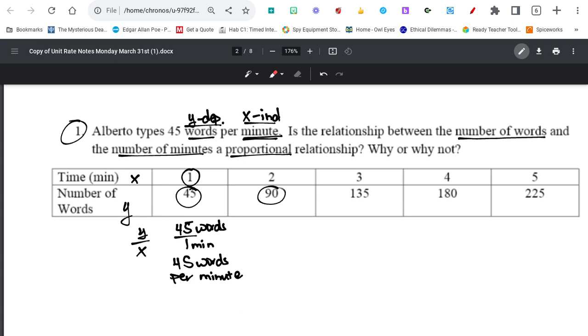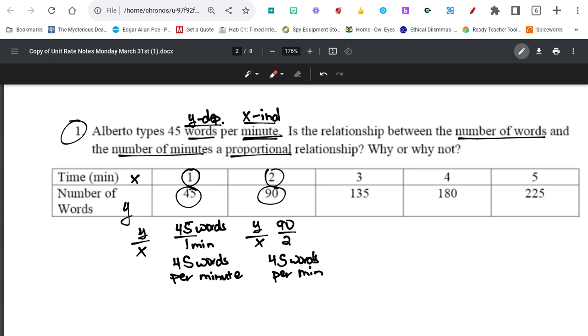So the second y is 90, and the corresponding x for it is 2. Well, if you take 90 and divide it by 2, and you can use your calculator to check along with me, I'm going to pull mine up and work it because that way I know you have time to work it as well. Get your calculator out and do 90 divided by 2, and we get 45 as well. So that's also 45 words per minute.